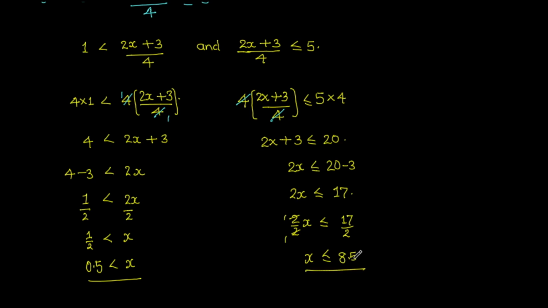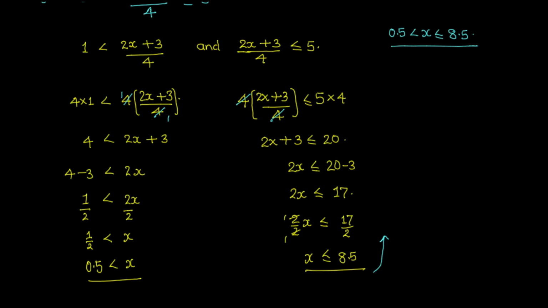So combining together our answer, let's do it up here. Our solution should be up there. So we have 0.5 is less than x is less than or equals to 8.5.